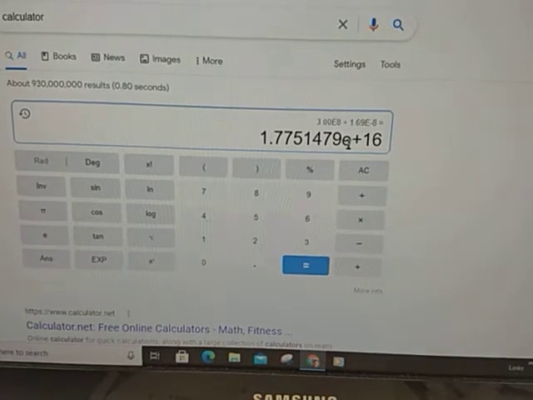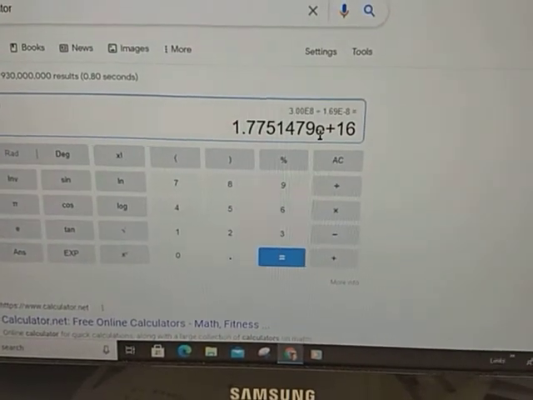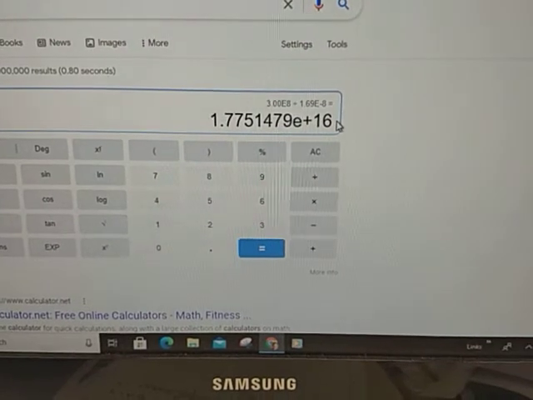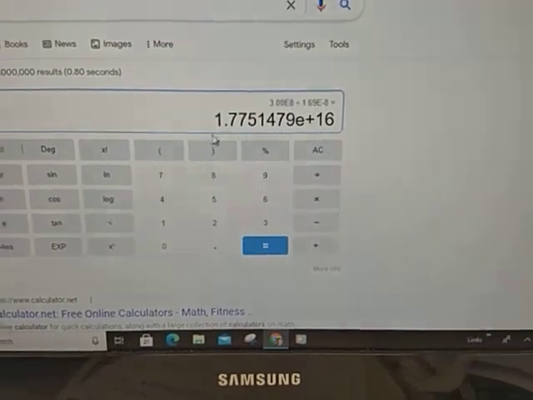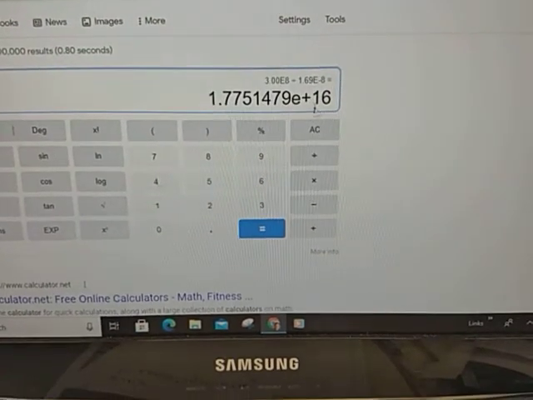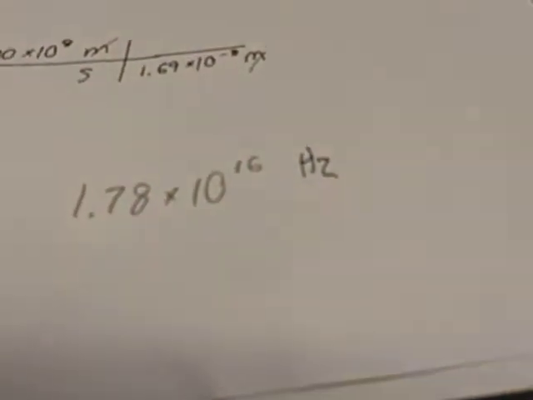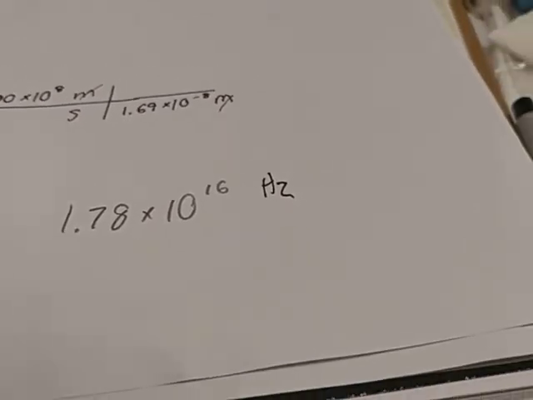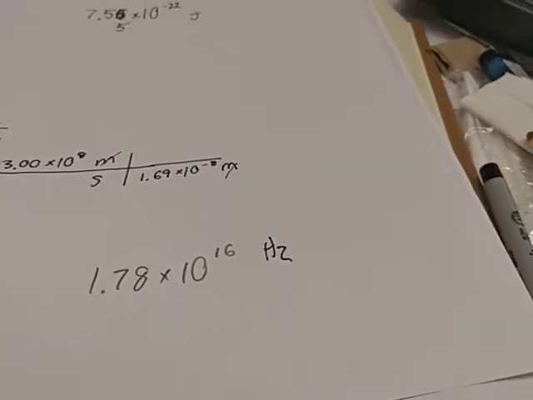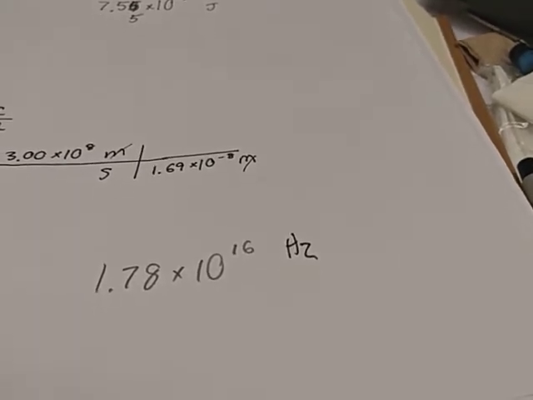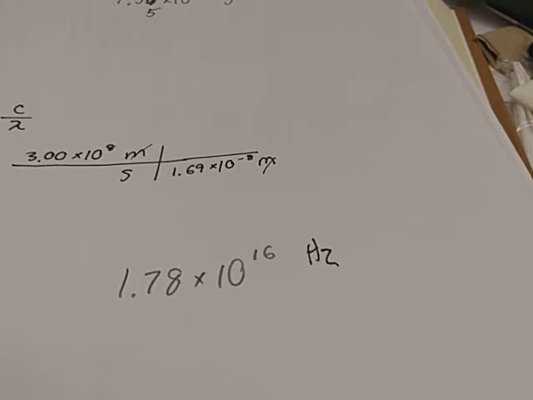Again, look at how it's displayed. That E right here means times 10 to the power, and the power is a positive 16. So we have 1.78 times 10 to the 16th, and that was the answer we had before. So it just looked like you were either not sure what the display was telling you or weren't sure how to enter things, but hopefully that helps you out.